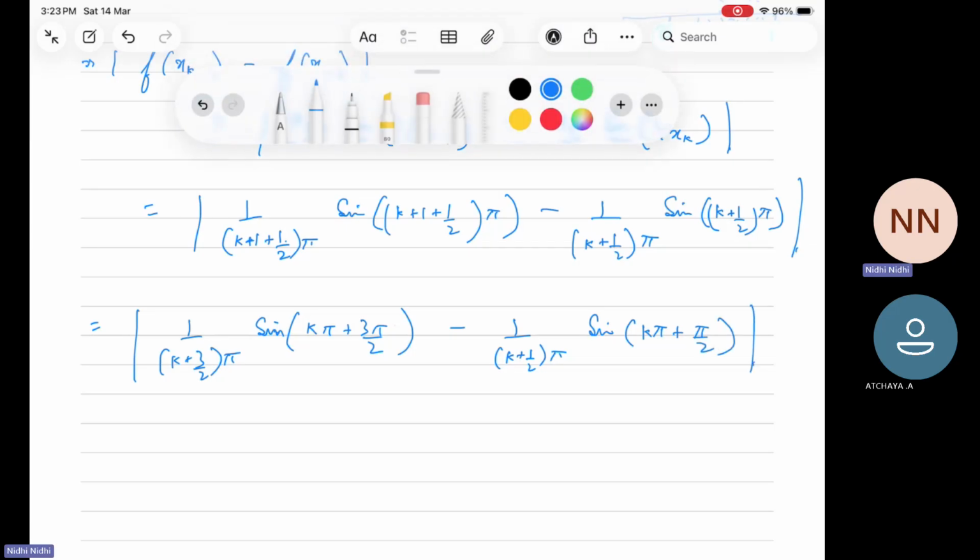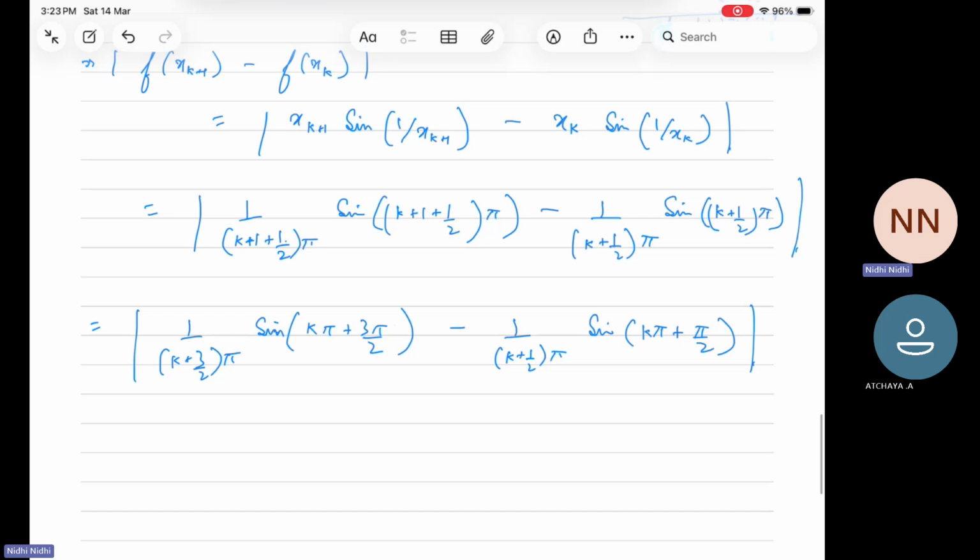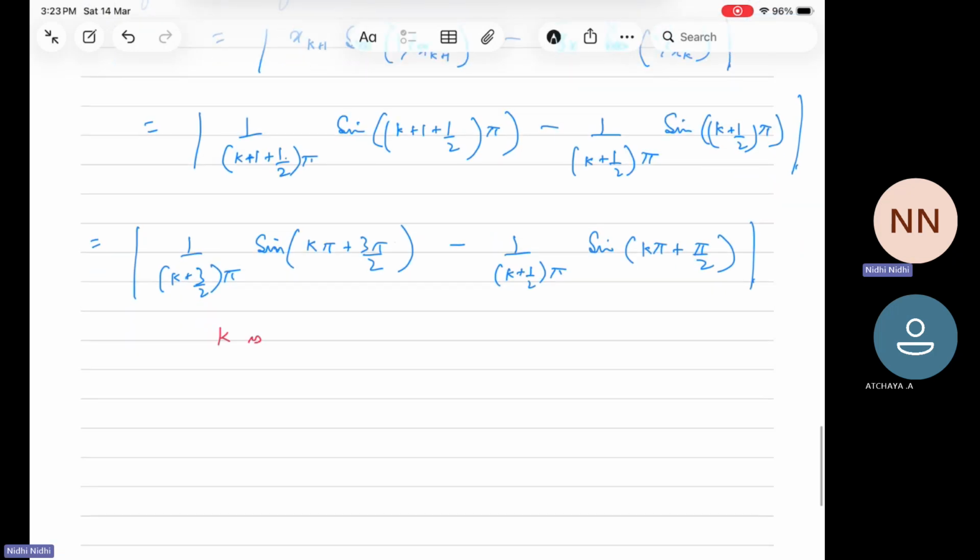Now when k is odd, so k pi plus 3 pi by 2. So when k is odd, that means we have 1 pi, 3 pi, 5 pi. So 5 pi plus 3 pi by 2 will eventually be somewhere here, and this plus pi by 2, 2 pi by 2, 3 pi by 2.